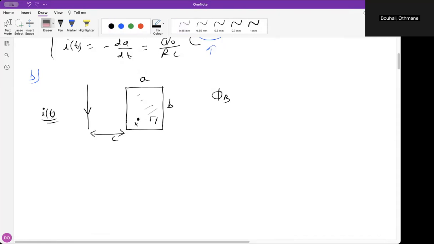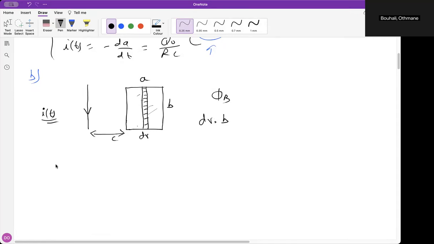We will define a small element, a small band, and calculate the magnetic flux created through it. I will call the width of this band dr, which means the area is equal to b dr.